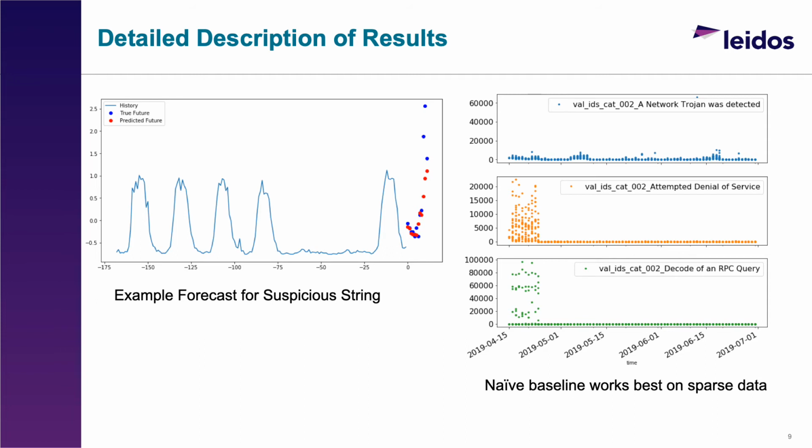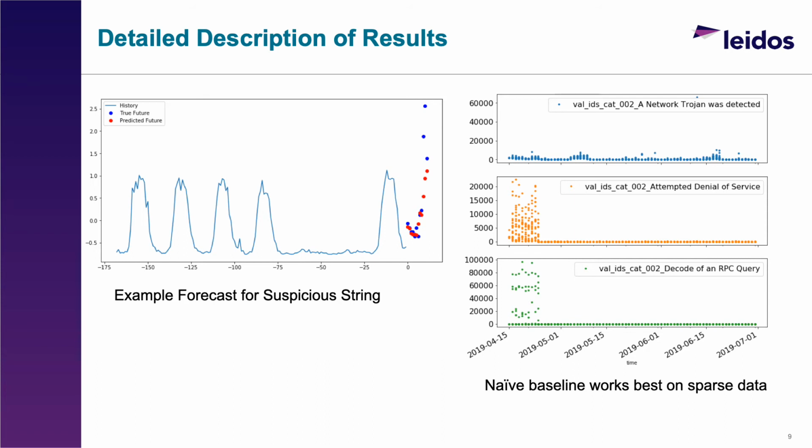In cases where the naive baseline worked best, the data was pretty sparse. You can see some of these IDS alerts where the naive worked best on the right-hand side. In general, they were bursty events, and then you didn't see any activity for a long time.